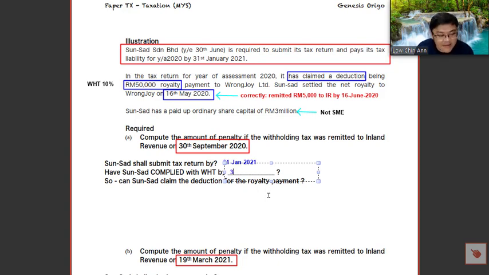Had Sunset complied with the withholding tax rule by 31st January 2021? The answer is yes or no? Yes, because the question already said that they're going to settle everything on 30th of September 2020, right?